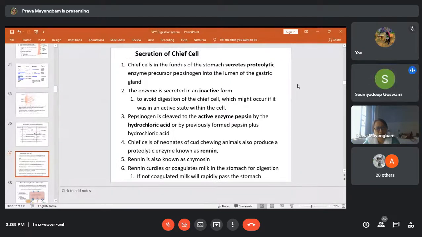Yes, these enzymes will break down the proteins, so they are called proteolytic enzymes.